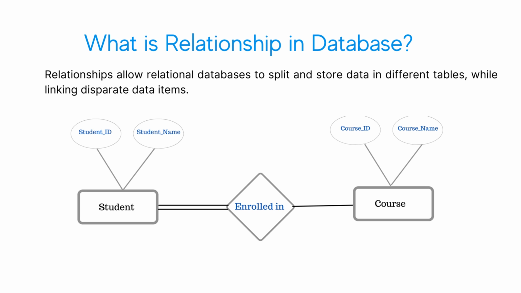So what is a relationship in a database? Relationships allow relational databases to split and store data in different tables while linking disparate data types. A relationship in the context of databases is a situation that exists between two relational database tables when one table has a foreign key that references a primary key of the other table.